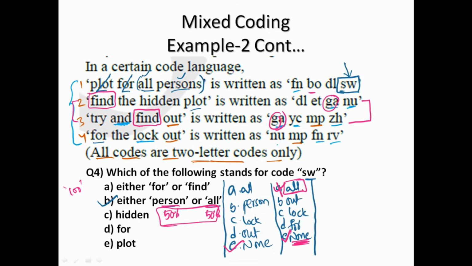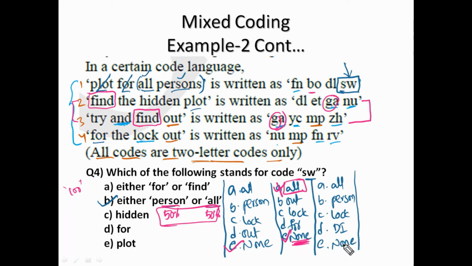Next, one more type of options. See, if the options are all, persons, next lock, data inadequate, none of these. Now what is your option? Here also many students will give the answer as none of these, because our answer is not there.